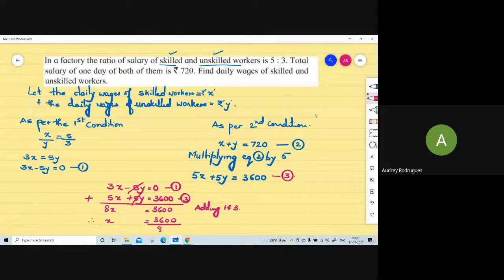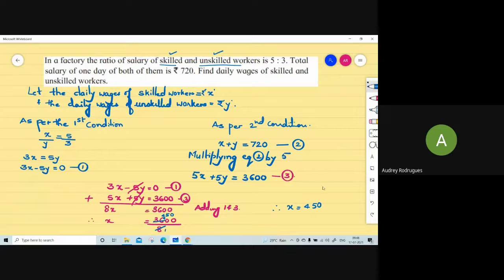3600 upon 8. Now to calculate this, we have 450. 8 ones are 8, 8 fours are 32, remainder 4, 8 fives are 40, 0, 8 zeros are 0. Therefore, x is equal to 450.